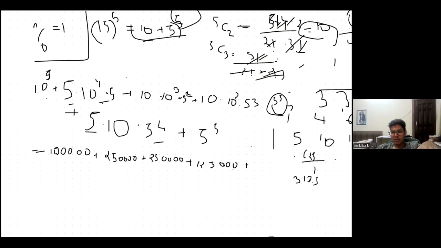Okay, now we'll shift one more decimal, that is 3125.